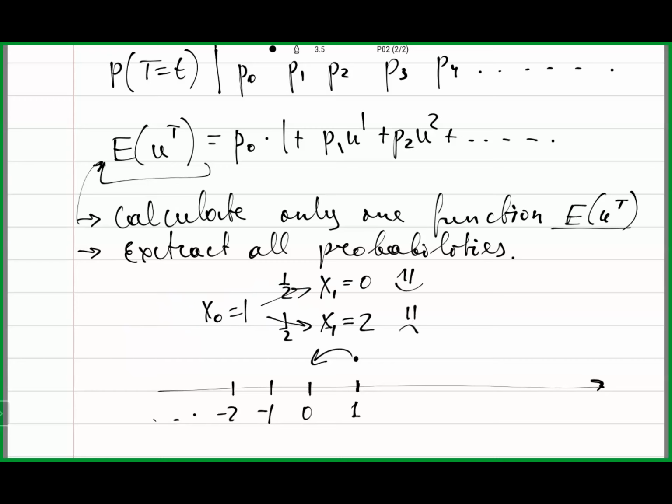So with probability 1/2, we get to position 0 in one step. But with probability 1/2, we go further from our target position. Okay, hence t will be equal to 1. And here T seems to be unpredictable for the moment.